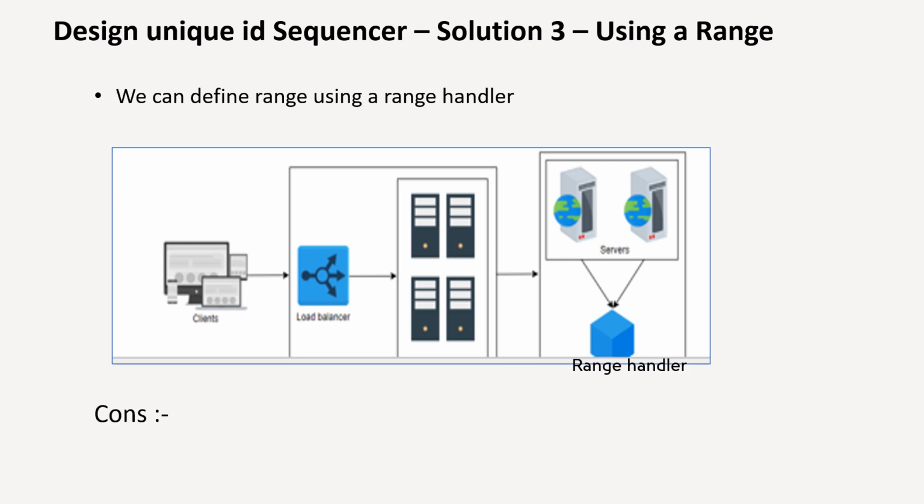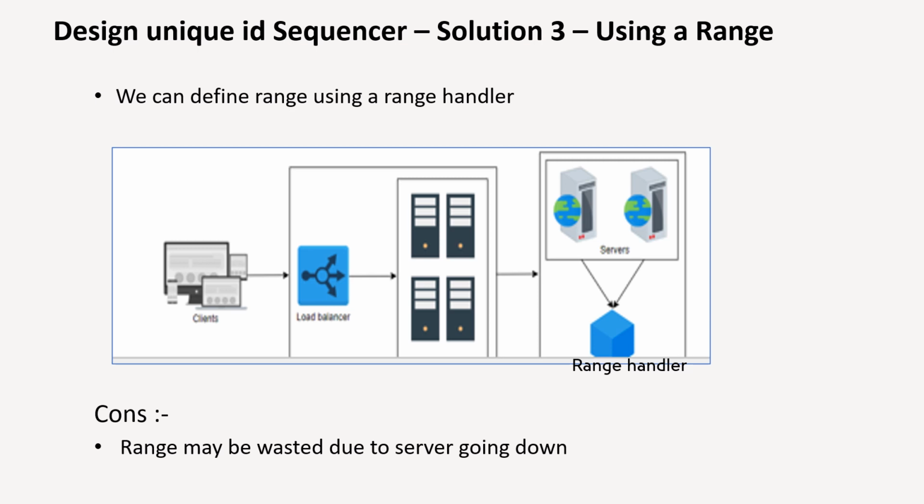But there is also a problem here. The problem is that there might be wastage of ranges. Maybe you assign 1 to 1 million to server one, but server one went down somehow, right? So for the time that server one remains down, that range is not being utilized at all.